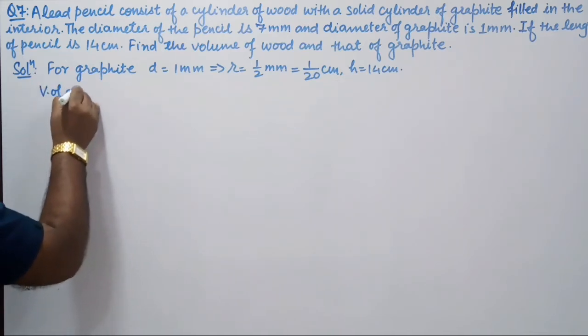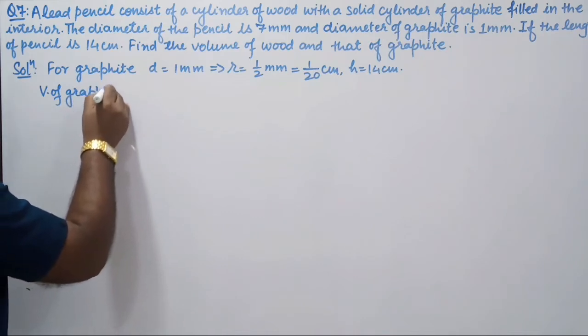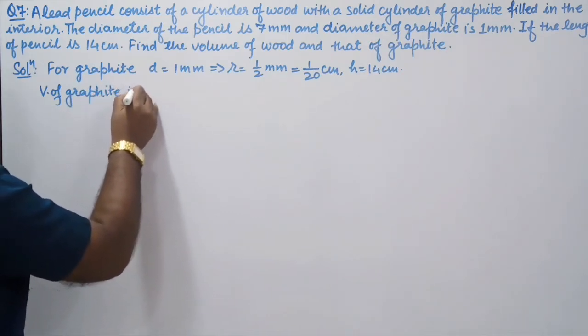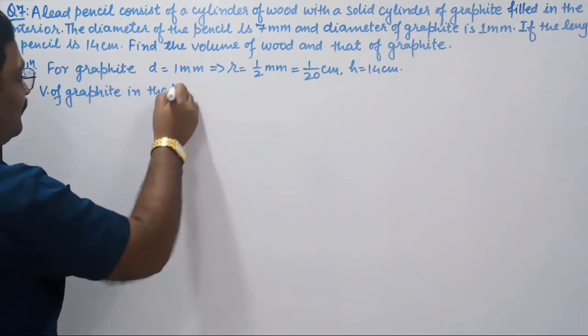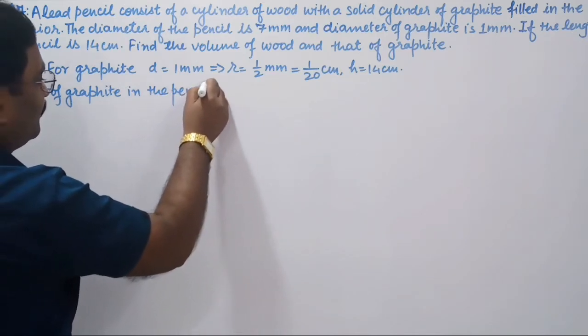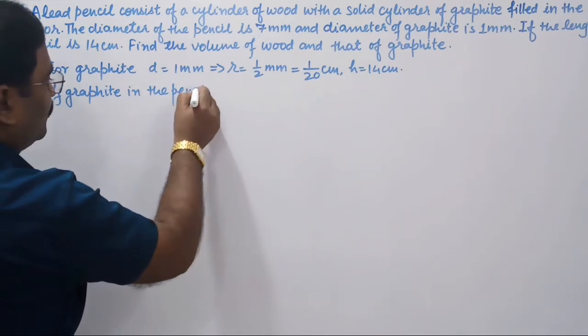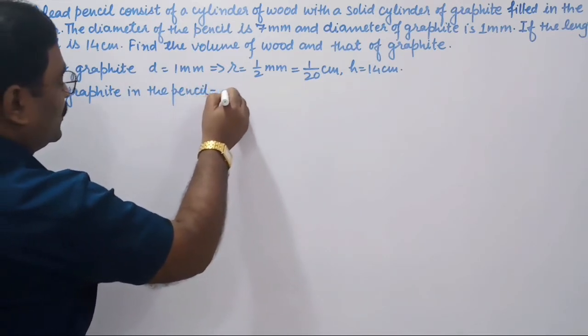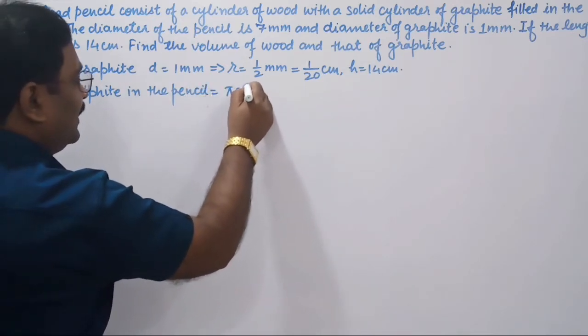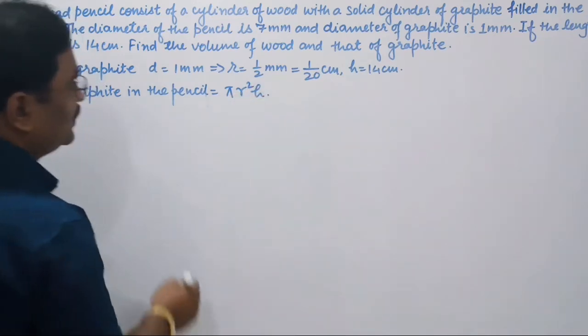The volume of graphite in the pencil is equal to pi r square into h.